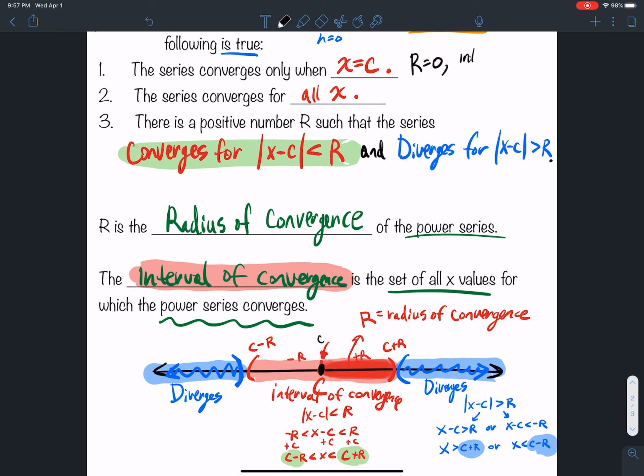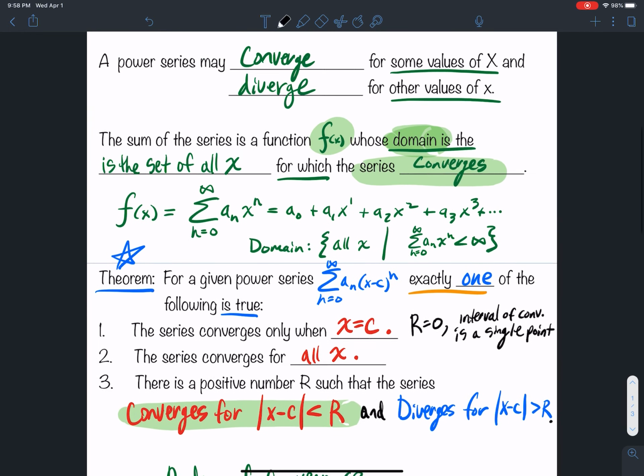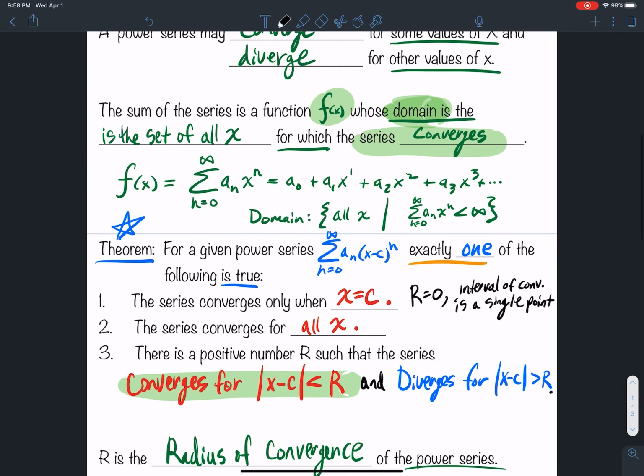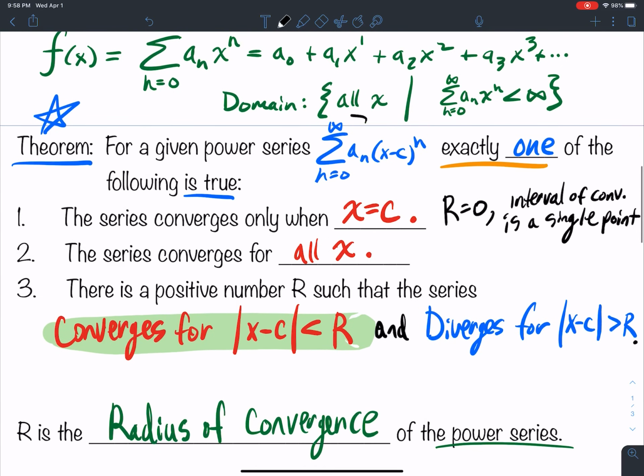The interval of convergence is a single point, okay? The case where this would be true would be, say we're dealing with some power series right here, and the a_n's by themselves would diverge.